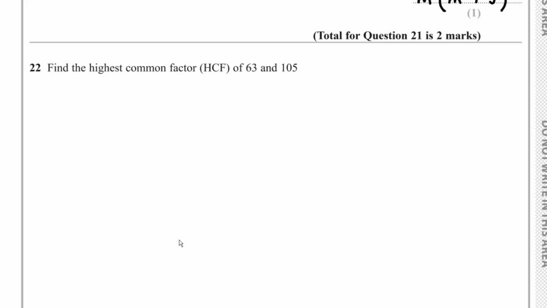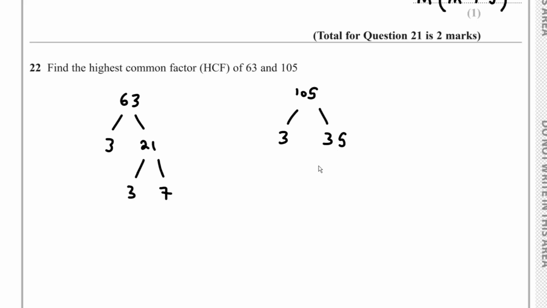Question number 22, we have to find the highest common factor of 63 and 105. So if I think about 63, I can write this as a product of its prime factors. 3 times 21 gives 63, 3 is a prime number and 21 isn't. The 21 we can split up further as 3 times 7. If I think about the 105, I can split this up as 3 times 35. 3 is a prime number, 35 isn't, but the 35 I can split up as 5 times 7.